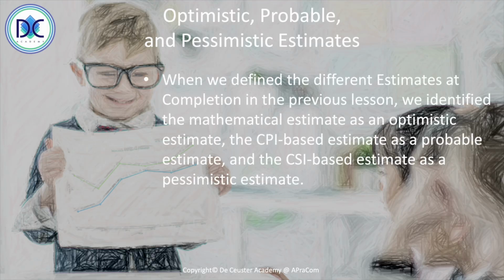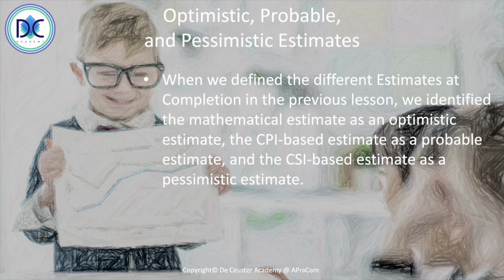When we looked at the estimates at completion, we considered that the mathematical estimate was an optimistic estimate, which means we are going to continue the remainder of the project as we budgeted it.